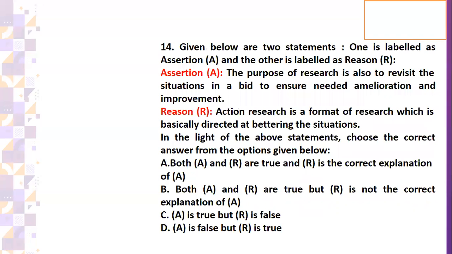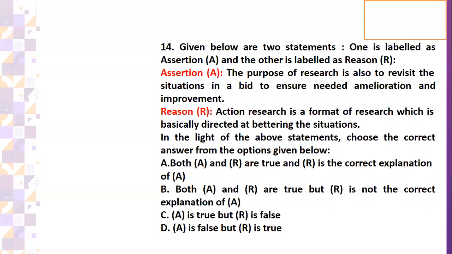Now question 14 is assertion and reasoning. So you have to see the question as per the assertion. The purpose of research is to revisit the situation to ensure needed amelioration and improvement. Statement 2 says that action research is a format of research which is basically directed at bettering the situation.